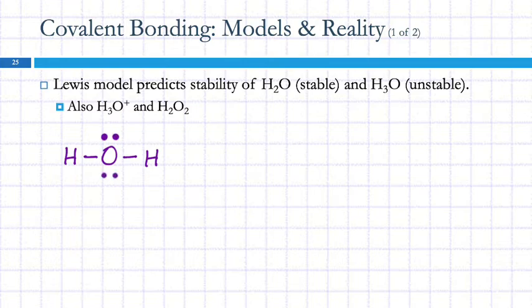So there's H2O. Hydrogen has a duet. Oxygen has an octet. Everyone is satisfied. Let's look at H3O. So an oxygen and 3 hydrogens. Each of the hydrogens has a single electron, and the oxygen has 6 electrons.